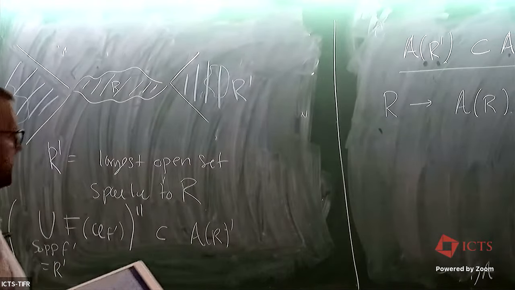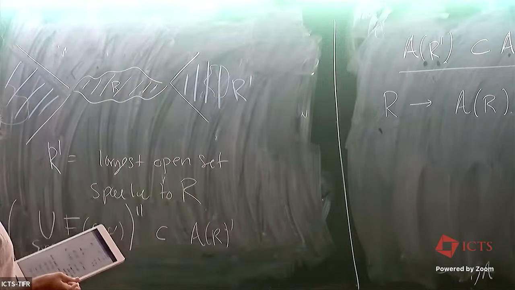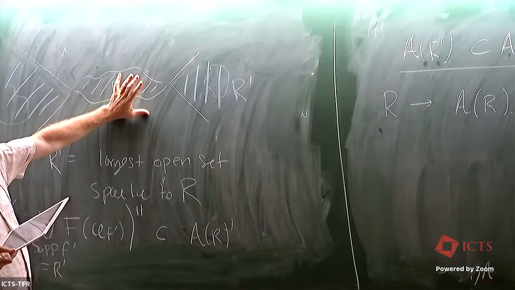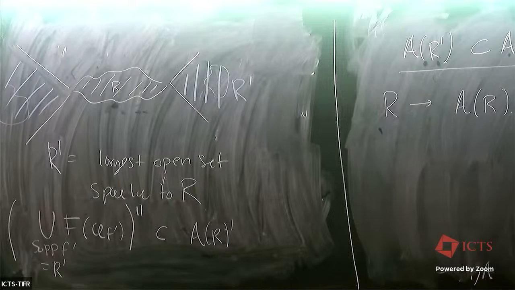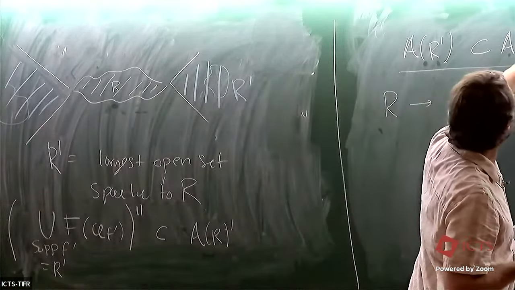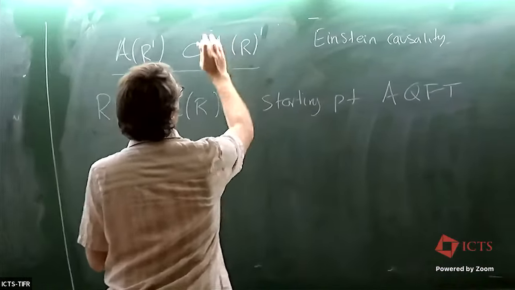Sir, R prime is outside the light cone, right? Yeah, so it's outside the light cone of R. So how can A of R prime be a sub-algebra of A of R? It's not a subalgebra of A of R. It's a prime here. So remember, these are all the operators that commute with A of R, right?